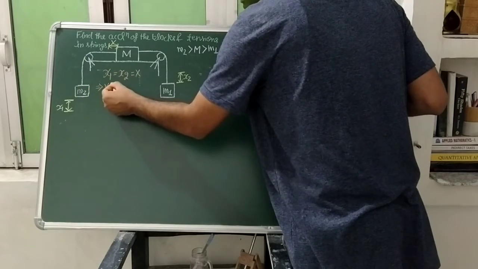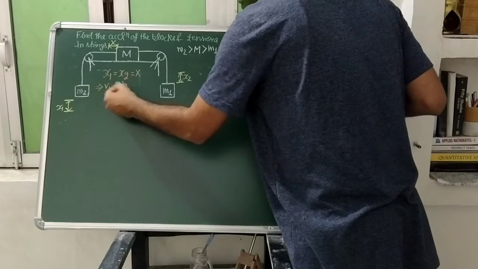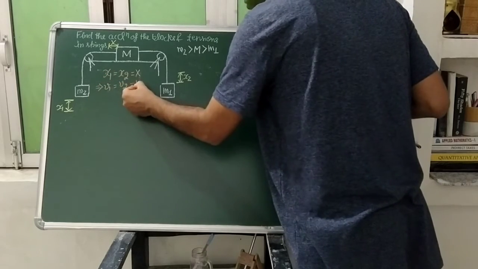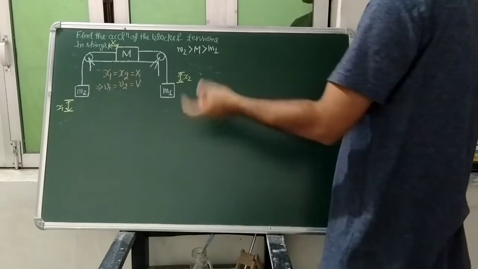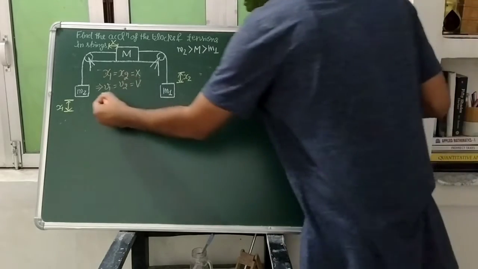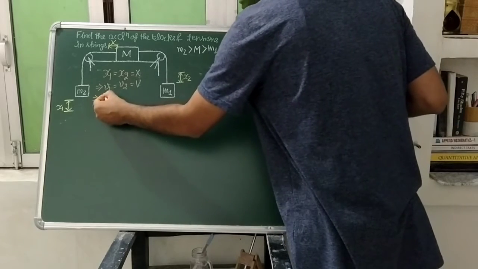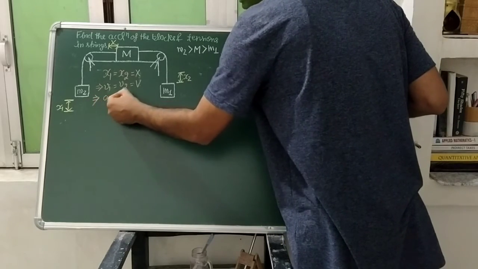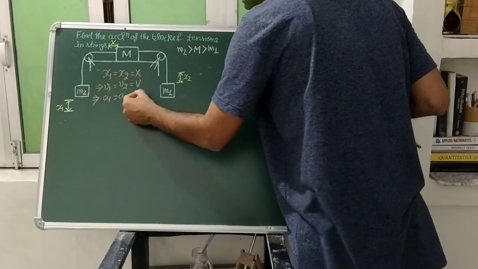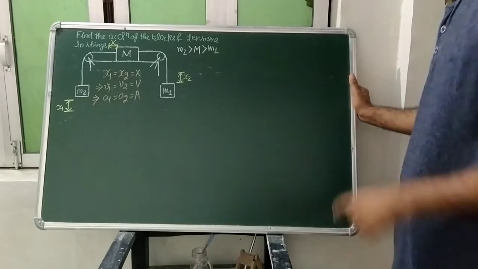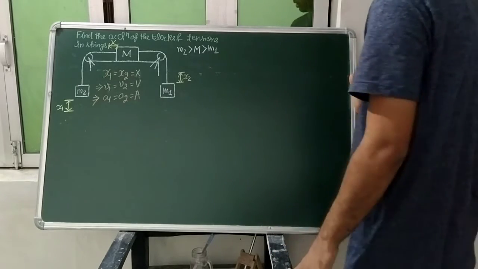This V1 should be V2. V1 should be equal to V2, and that will be equal to capital V. And again, when we differentiate it with respect to time, we will get that A1 is equal to A2, which is equal to capital A. Meaning that we will get the same acceleration.